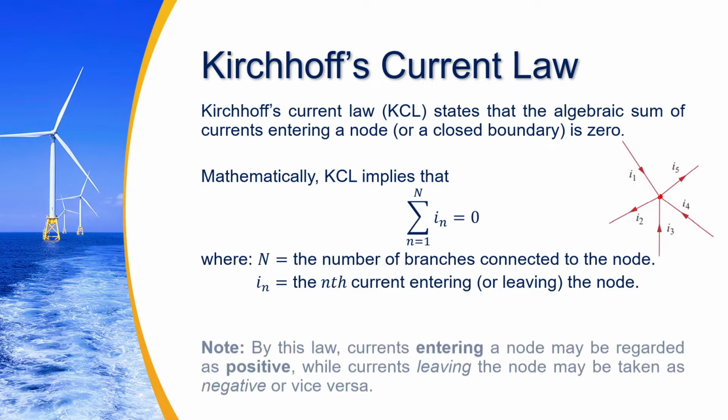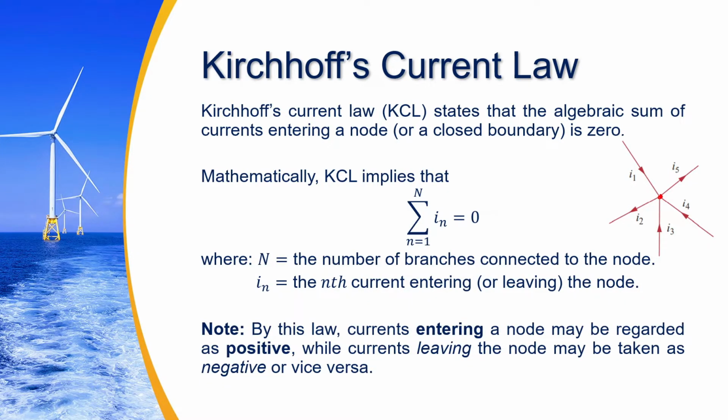But take note, by this law, currents entering a node may be regarded as positive, while currents leaving the node may be taken as negative or vice versa. Depende sa inyo kung paano inyo gagamitin yung sign convention.